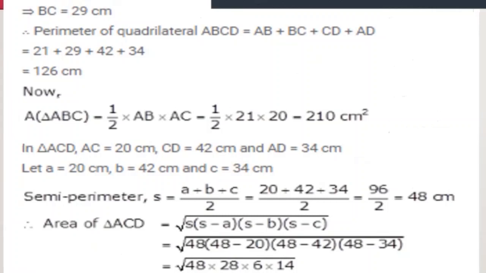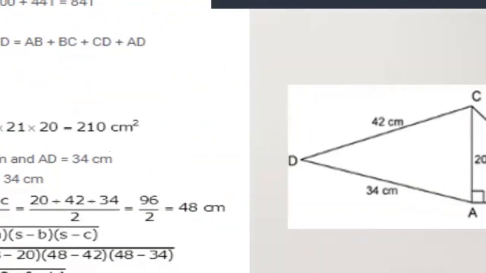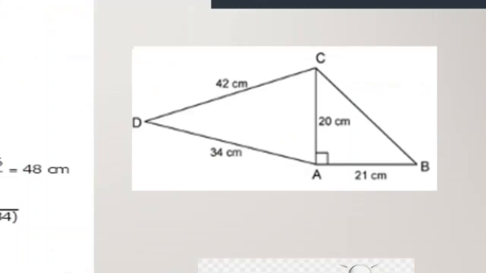So what is the perimeter? Perimeter is 126. Please don't talk over the mic. If you need to find the perimeter, you need to find BC.